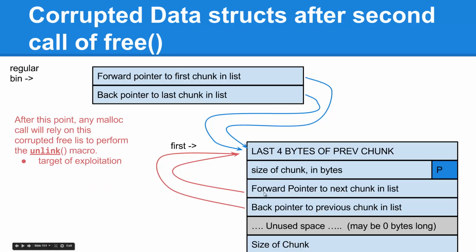If this metadata can be corrupted, the unlink macro can then be exploited, and that may be allowed by using some of these malloc bins to write to this data, then calling either a free or another malloc. At this point will both trigger the calling of the unlink macro, which will allow for the arbitrary 4-byte memory overwrite.